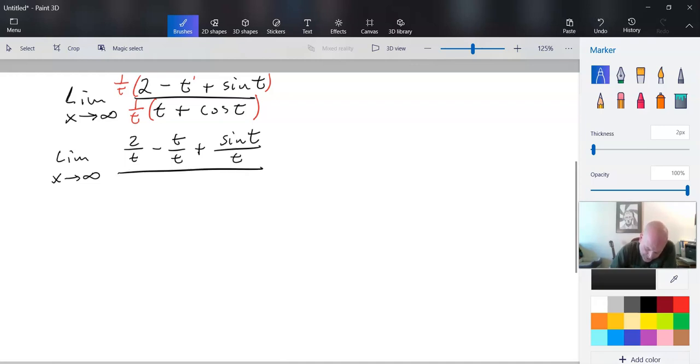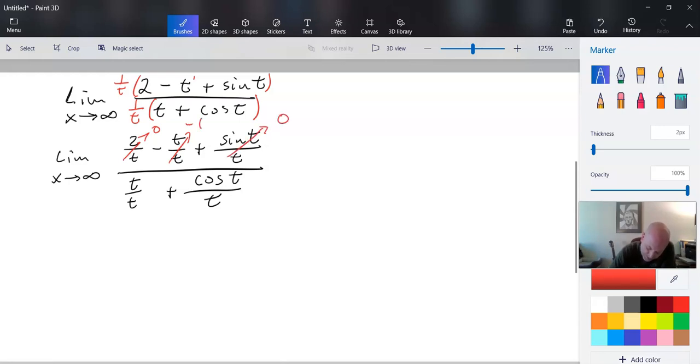And then down here at the bottom, I have t over t. Let's see here. There's only two terms. Plus cosine t over t. Okay, and if we look at each of these things here, that one goes to 0. That goes to minus 1.